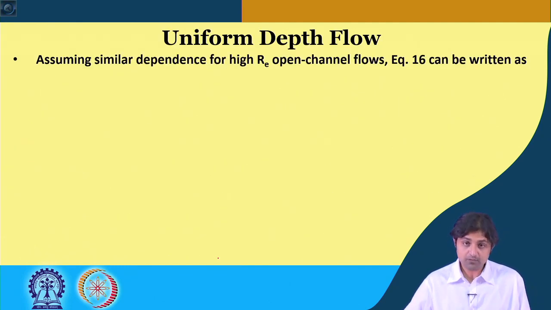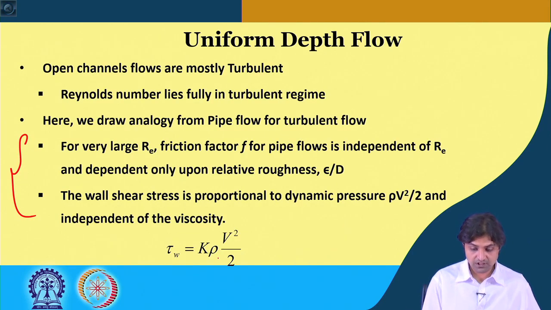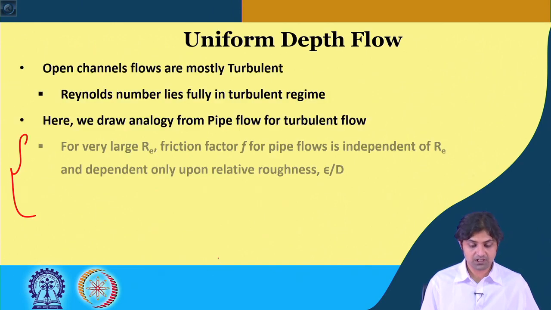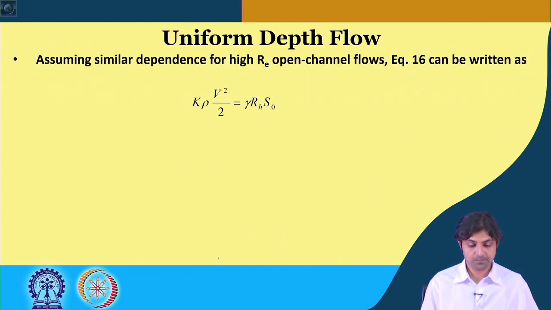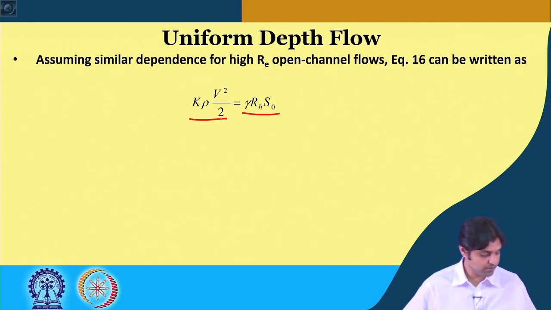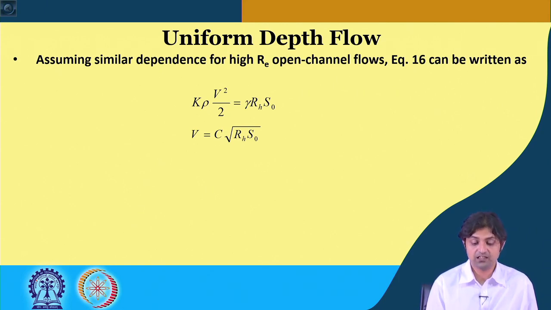So, assuming similar dependence for high Reynolds number in open channel flows, equation 16 can be rewritten: the right hand side we already found, the left hand side we substitute by k rho v square by 2, and we get v is equal to C, another constant.